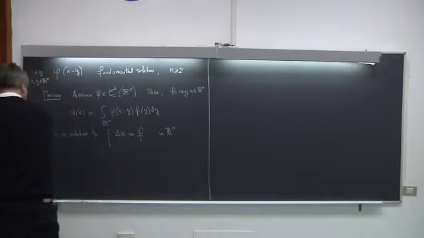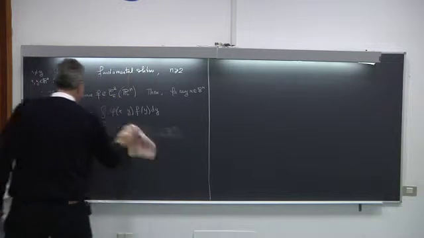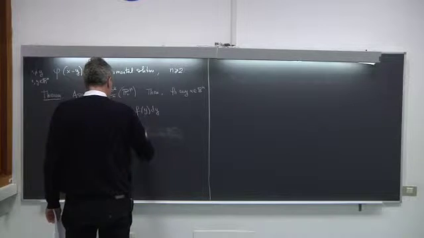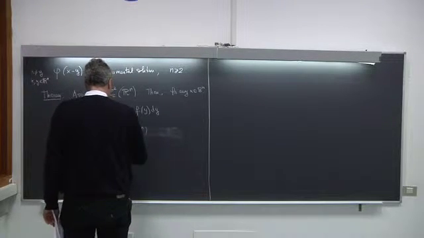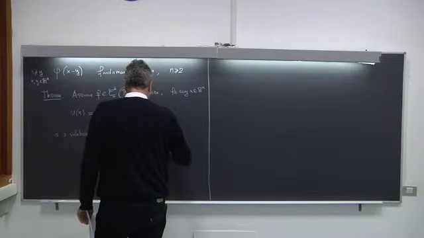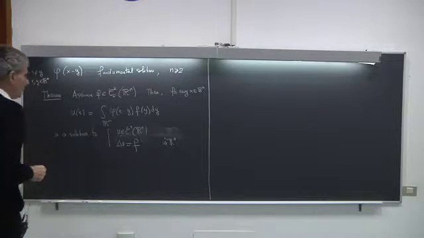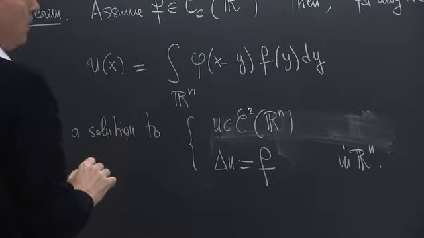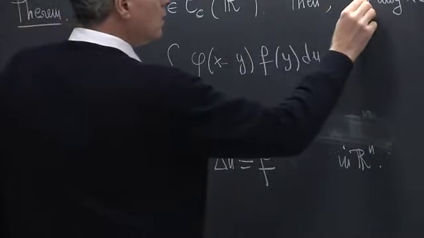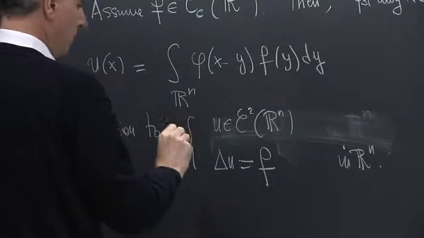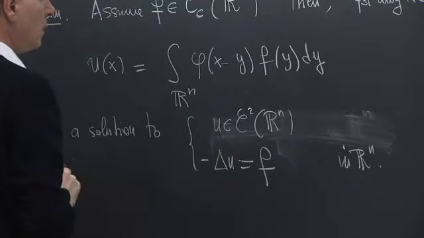Maybe it is better to write first the regularity, C2. So this is the usual convolution between f and phi.